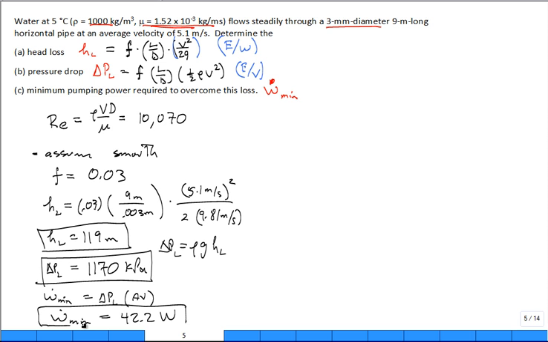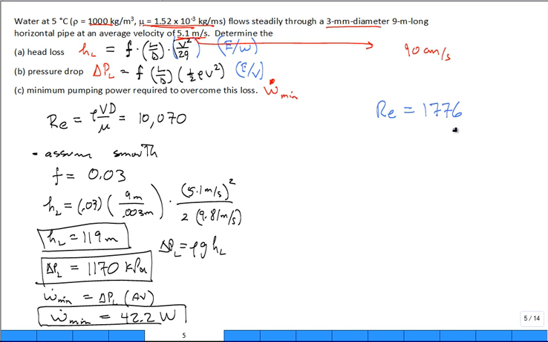Now, why did I leave the whole side of the page over here blank? Because in an earlier problem, everything was the same except the velocity was given to be 90 centimeters per second. The same fluid, the same diameter, the same length. When we solved that problem, we found that the Reynolds number was 1776.